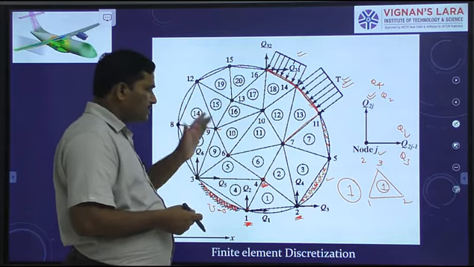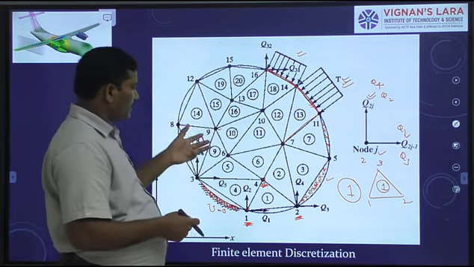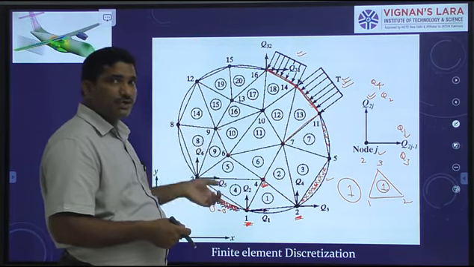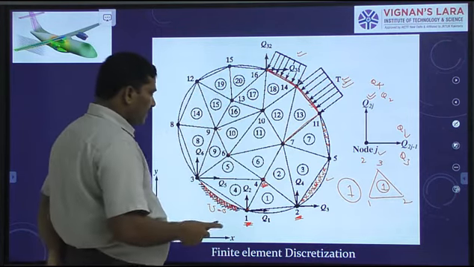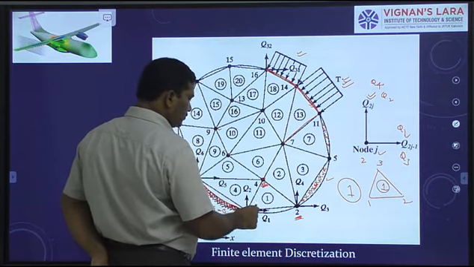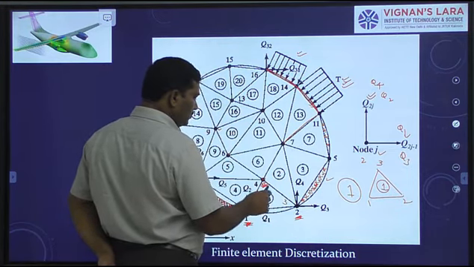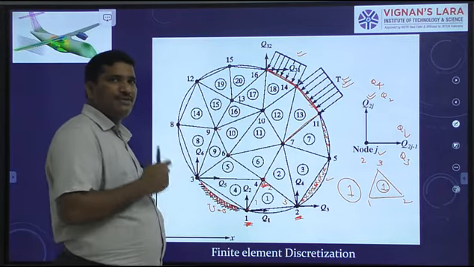Therefore, element node connectivity details are very important. For each element, you have to define which one is the first node, which one is the second node, and which one is the third node. I say node 1 is the first node, node 2 is the third node, and node 4 is the second node. This is how I define for CST element 1.